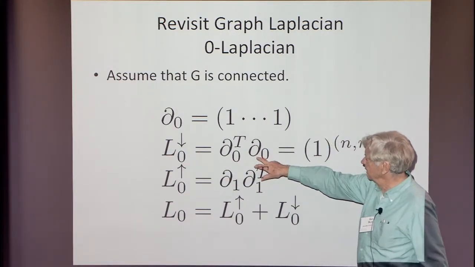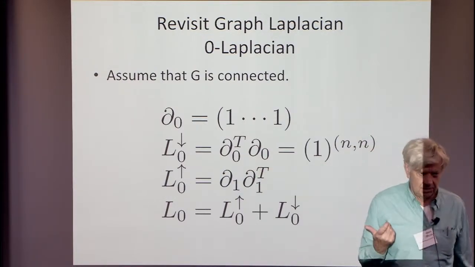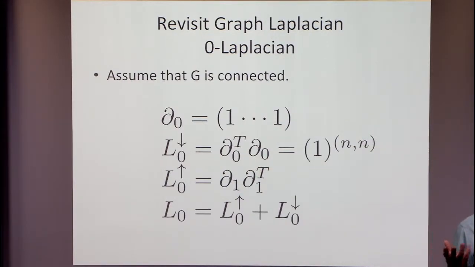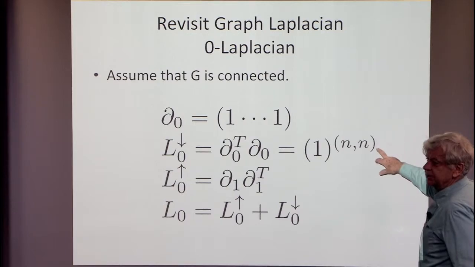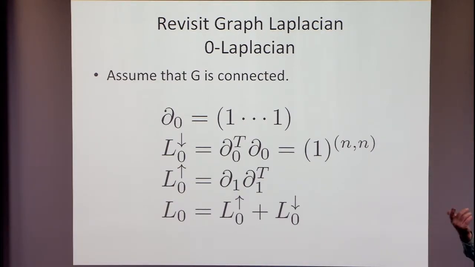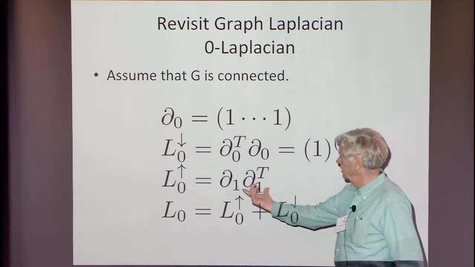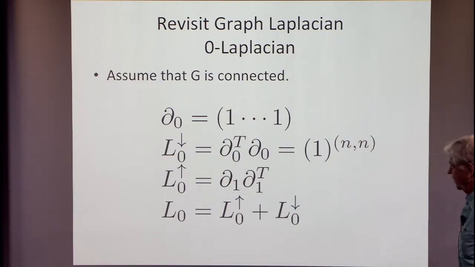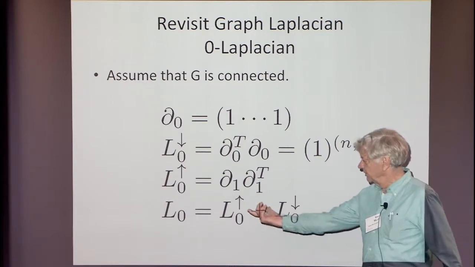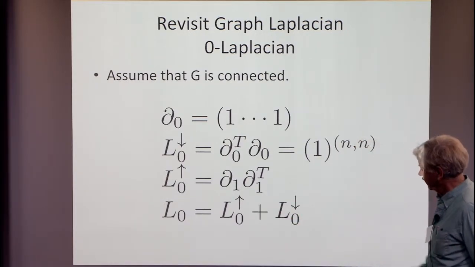The reason is because you start with something of dimension 0, you go to something of dimension -1 or whatever, and then you go back up to dimension 0 again, right? In our case, this is just a matrix of all ones, so this is a big, dense matrix. And then there's the up operator, which is our standard Laplacian here. When you combine them, you get a nice property. This is then called the zero Laplacian, the mix of the two.